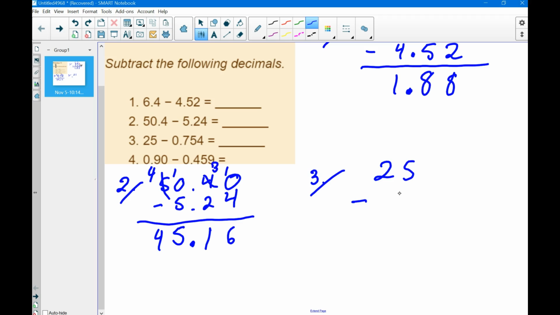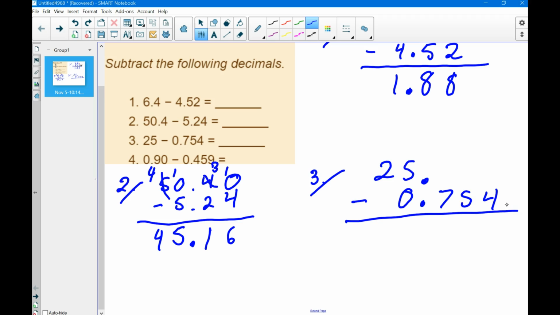Oh, I hate when that happens. Well, there's no decimal there, so we can put our own decimal right here, behind the 25. Now we know where to line up the bottom. The bottom goes 0, the decimal goes in here. We have 7, 5, 4. Alright, looks like fun.